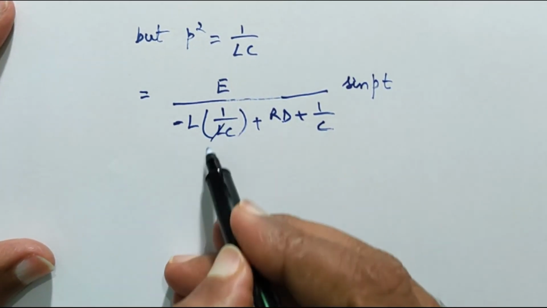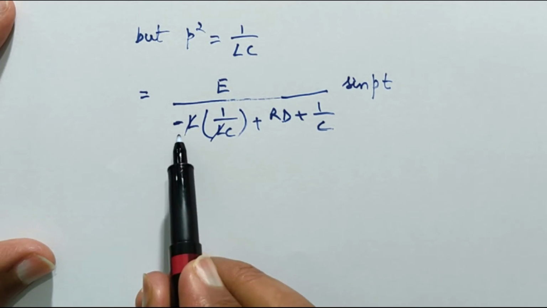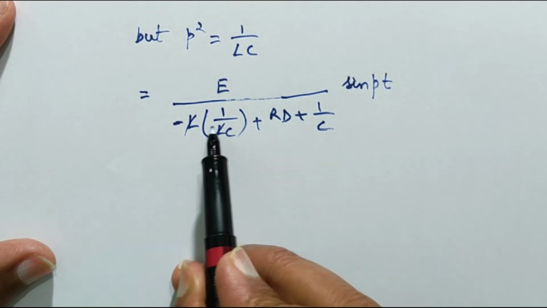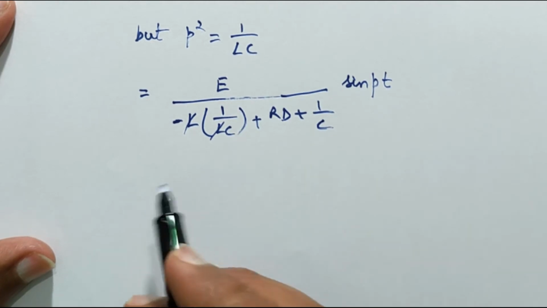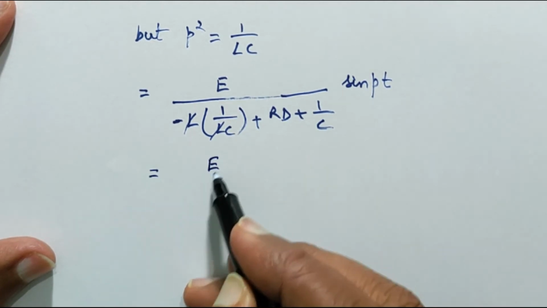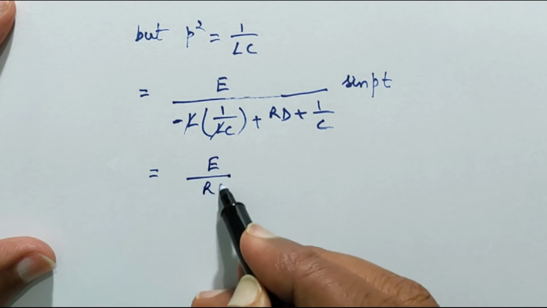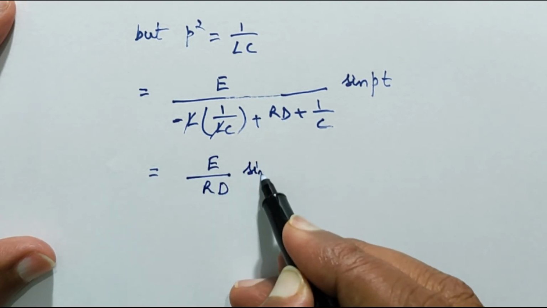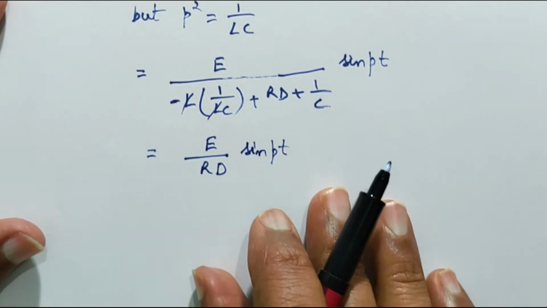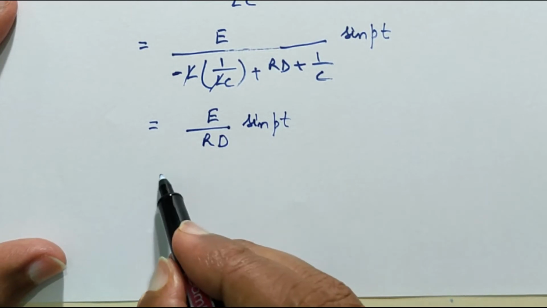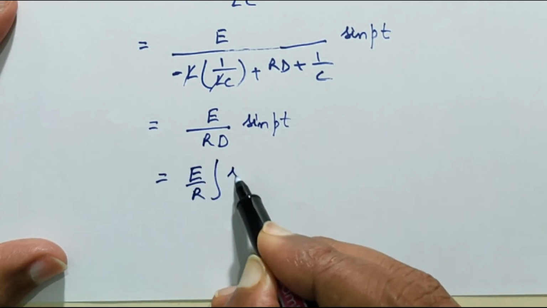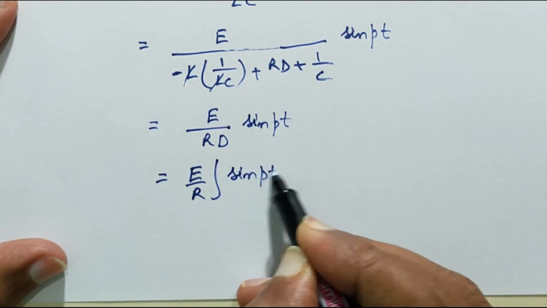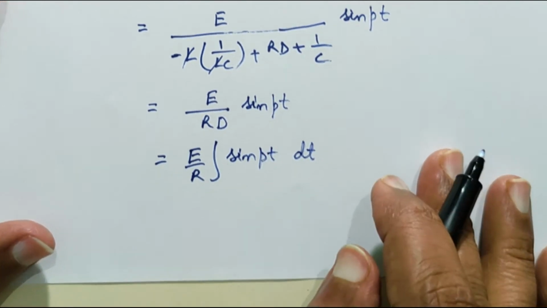So here this L and L will cancel out, and we will be left with minus 1 by C. So here you have minus 1 by C plus 1 by C. It will cancel out, and you will just be left with E divided by RD into sin of PT. But 1 by D represents integration, so E by R, integral of sin of PT dt.